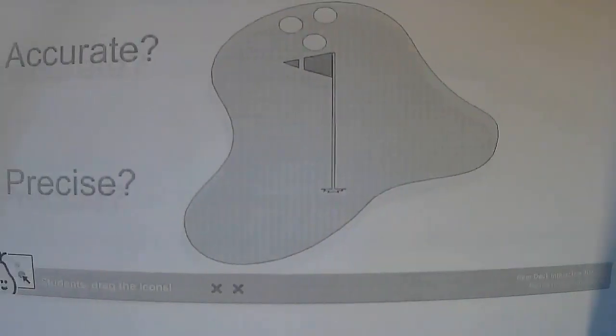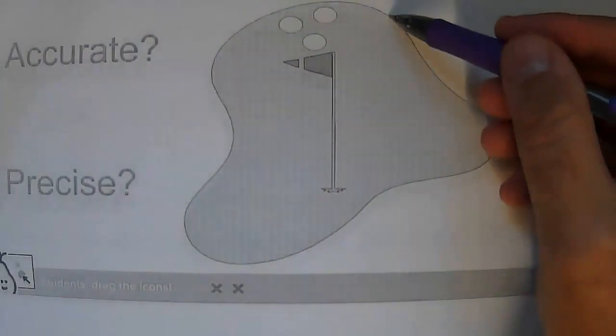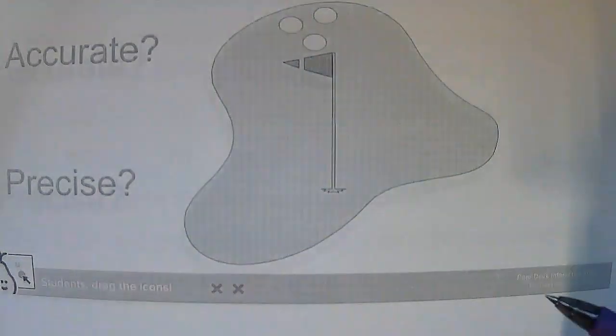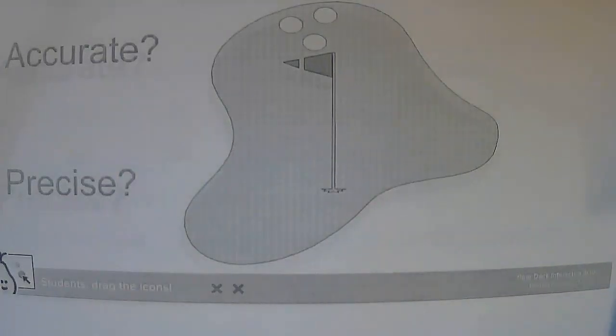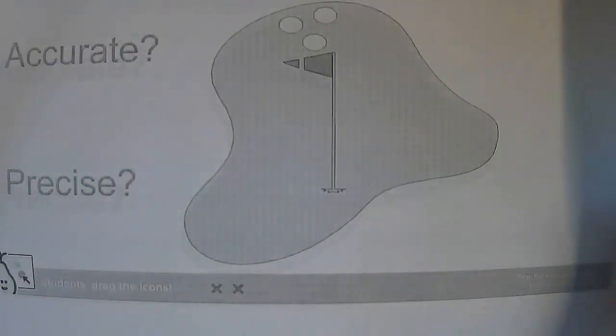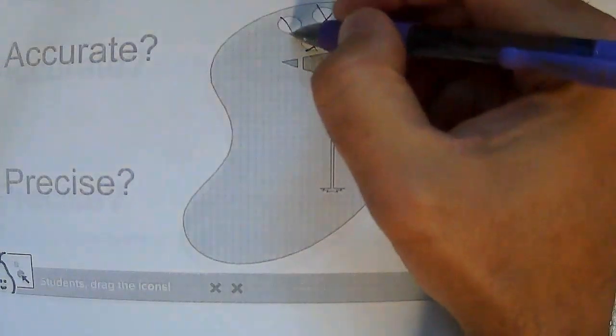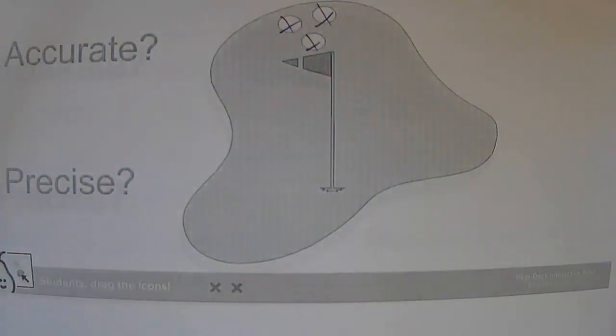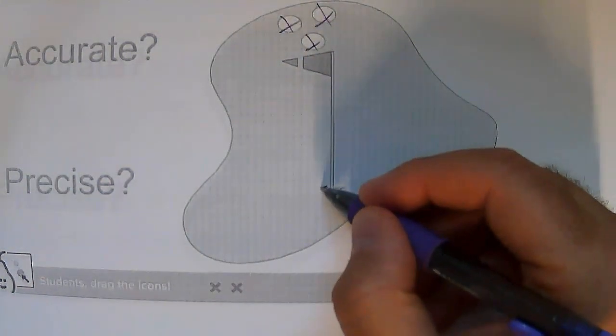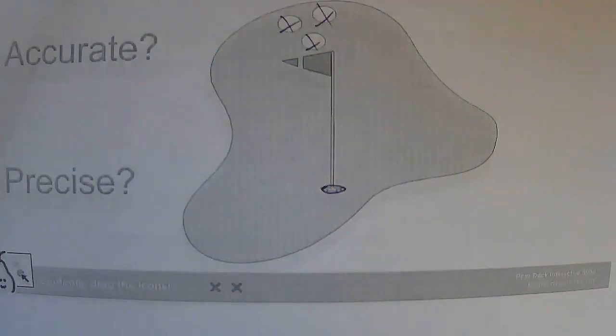Okay, so this is a golf green. You can see the green around here. It's not green on your screen, but it was when I made this slide. And we drive the ball, and each golf ball lands here in the green. The target is this hole right here. Okay?